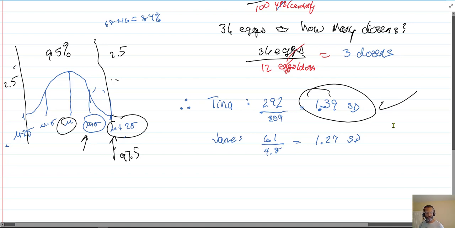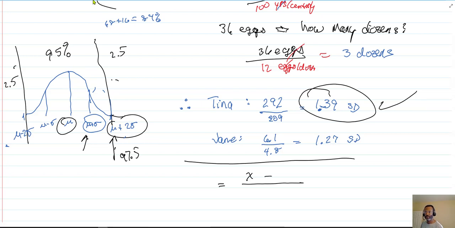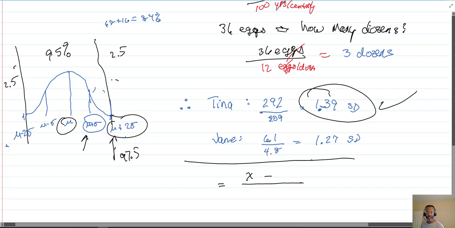Now, in general, we can take what we've just done and generalize this. We can say that the distance from the mean is going to be whatever the score is, and what we're going to subtract from that person's score is the mean of the data set.